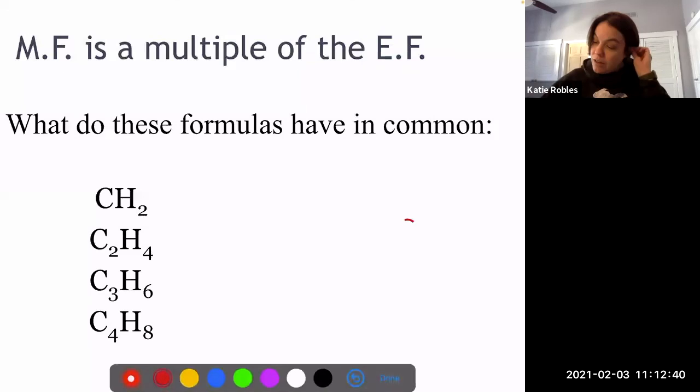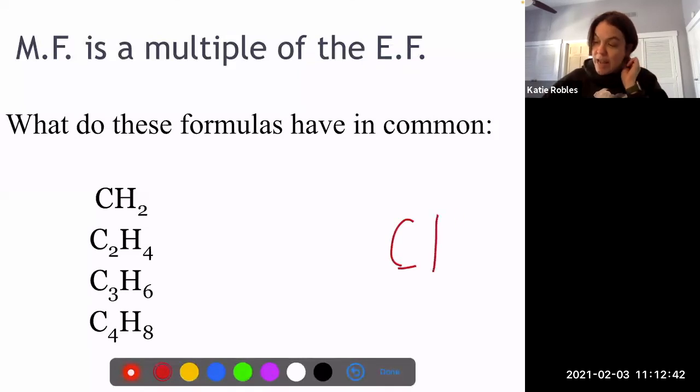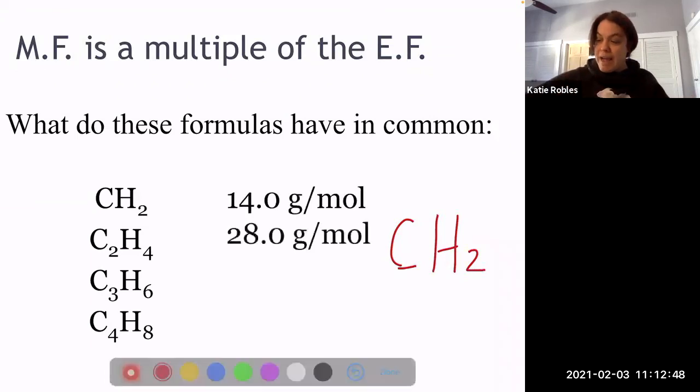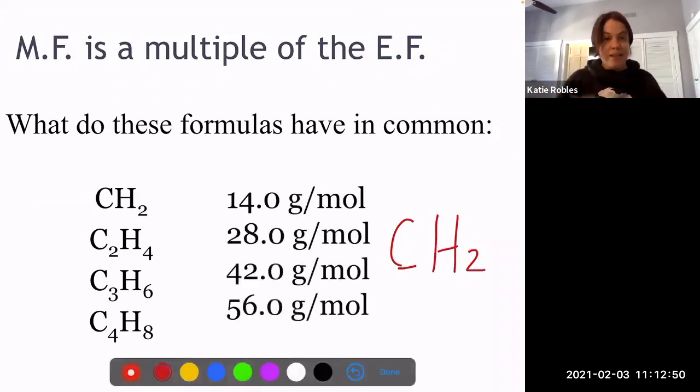They're all CH2. They're all a 2-to-1 ratio. And if you look at their masses, their mass is double, triple, quadruple. So you can use those masses to figure out this one is 4 times as large as the empirical formula.